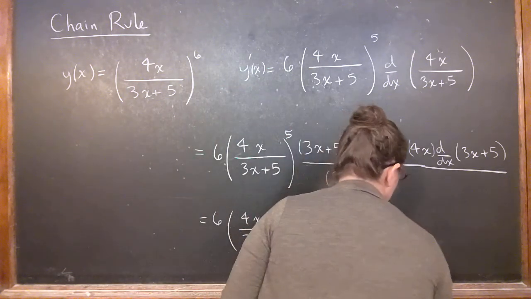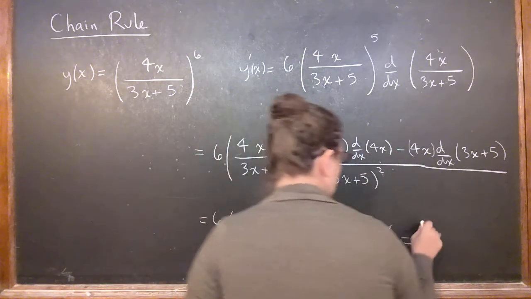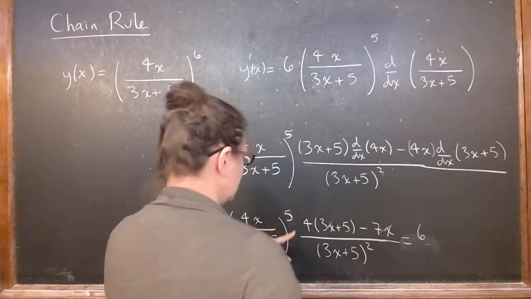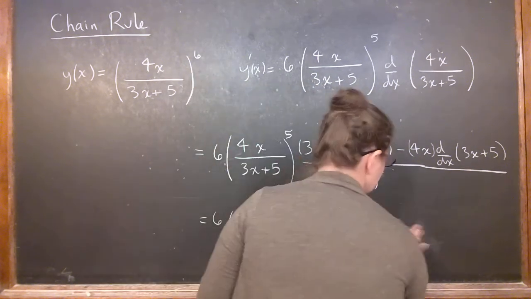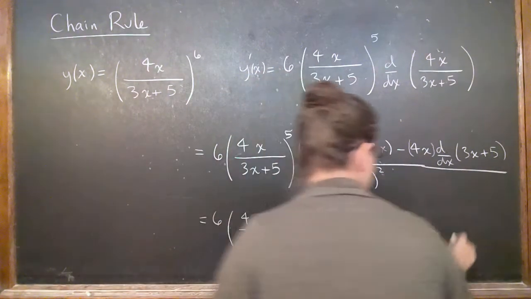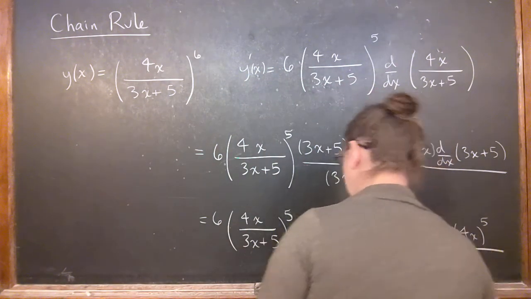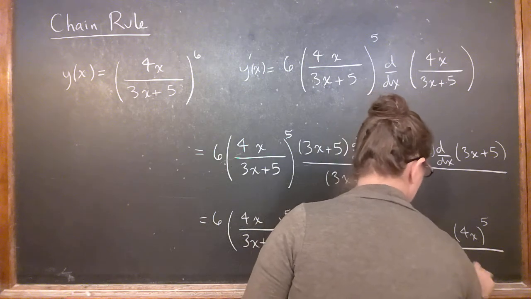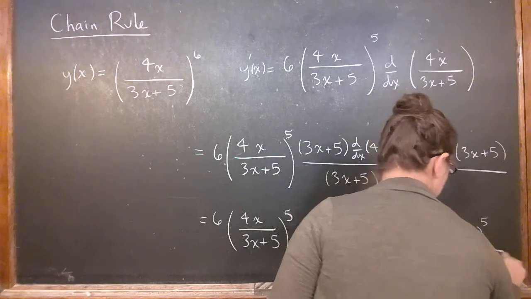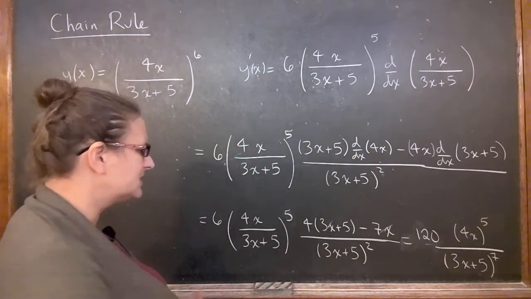So I can do a little bit here. If you left it here, I wouldn't take off points. But we can see, okay, what's 20 times 6? 120. And then this would be 3x plus 5 to the 7th. Okay?